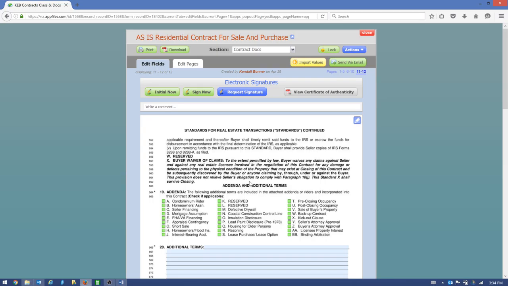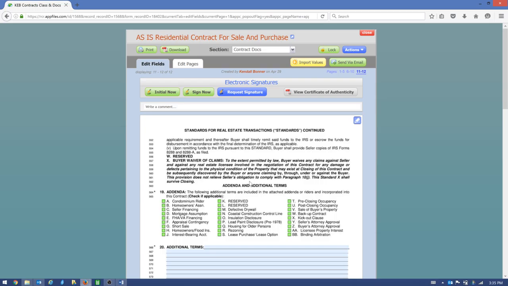Now, let's say the buyer knew about a problem and discovered it during the home inspection, didn't cancel, went through the contract and closed, and then later said, wait, this is worse than what I thought. It costs more than what I thought, because maybe they didn't do a thorough investigation of the expense. I would say that this paragraph would apply in that situation.